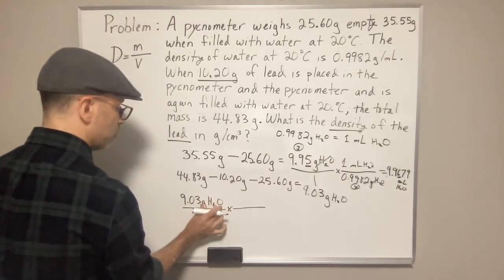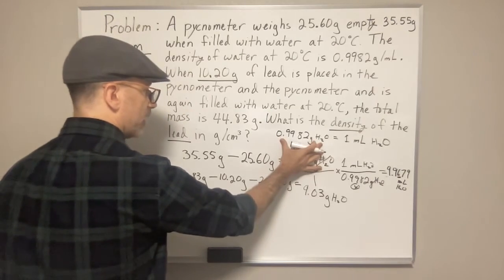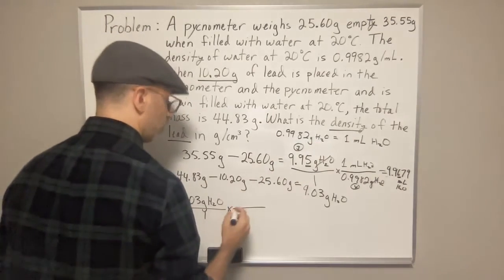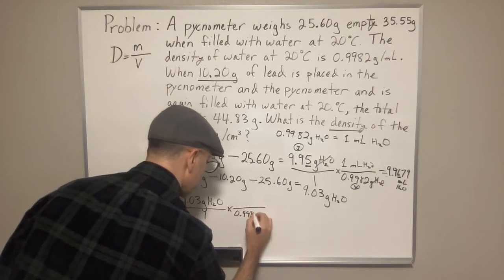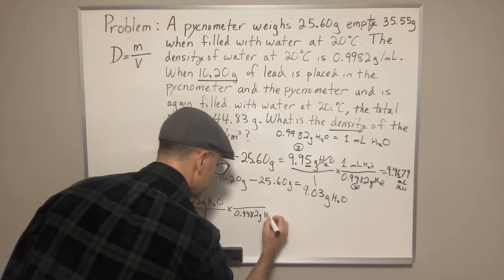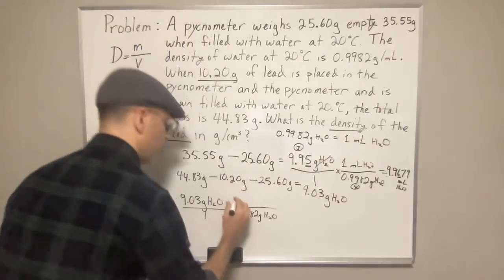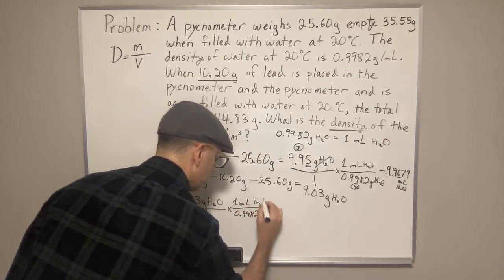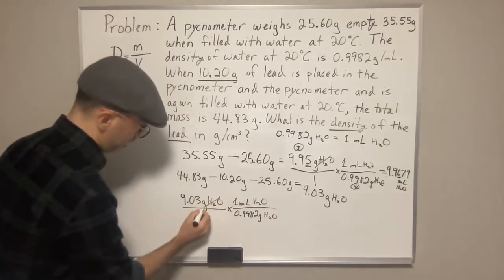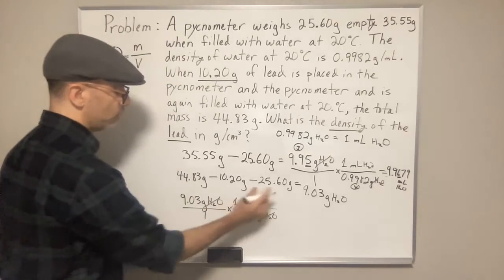Again, I have grams of water, so I want grams of water on the bottom. So I'm going to put 0.9982 grams of water on the bottom, and then 1 milliliter of water on top. So grams of water cancels out. Now I have milliliters of water, the volume.